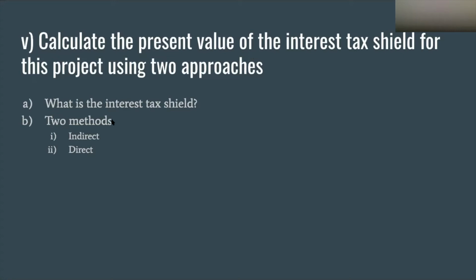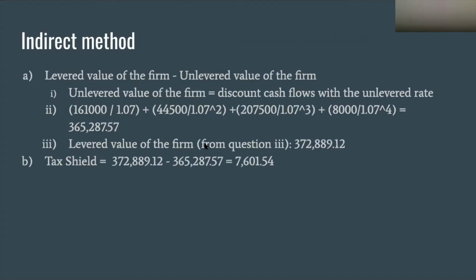So the two methods that we are going to use are the indirect method and the direct method. The indirect method is that we take the levered value of the firm, which is the value of the firm when we use debt to finance it, and we subtract the unlevered value of the firm, which is the value of the firm when we assume that we only finance it through equity.